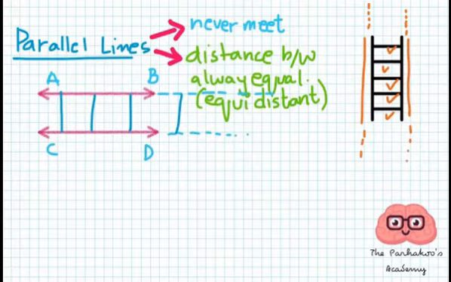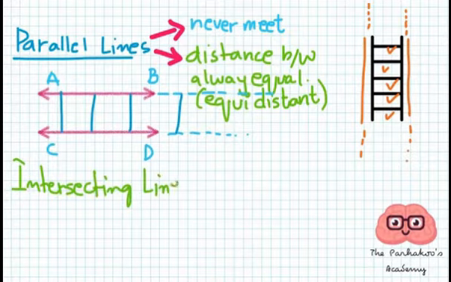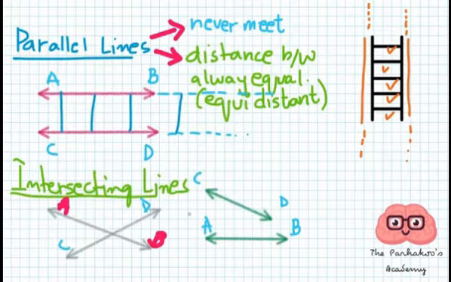The opposite concept is that of the intersecting lines. So intersecting lines are such lines which meet at a point. Here you can see line AB and line CD. They intersect at a common point. So this point is known as point of intersection.